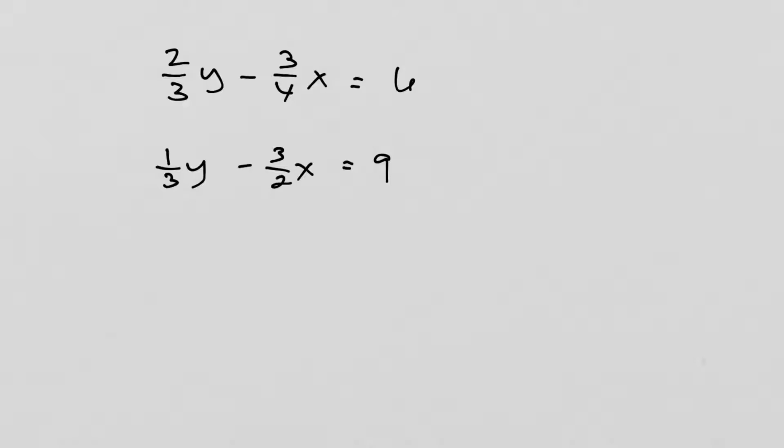So let's go ahead and solve both of these for y. For this first one, let's take that x term over. That would be a positive 3/4 x plus 6. I don't really like these fractions a whole lot, and I need to solve it for y anyway, so let's get rid of that 2/3. First thing I'll do is multiply both sides by 3.